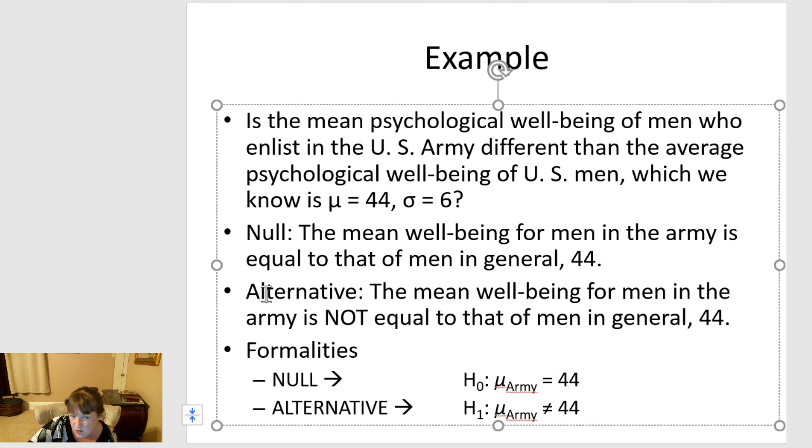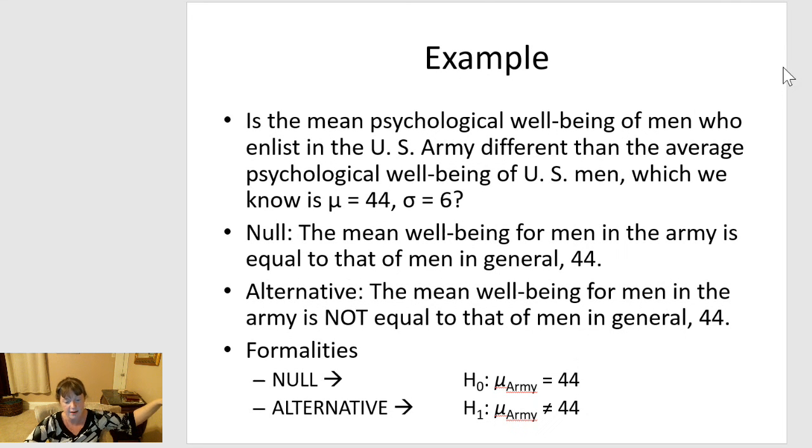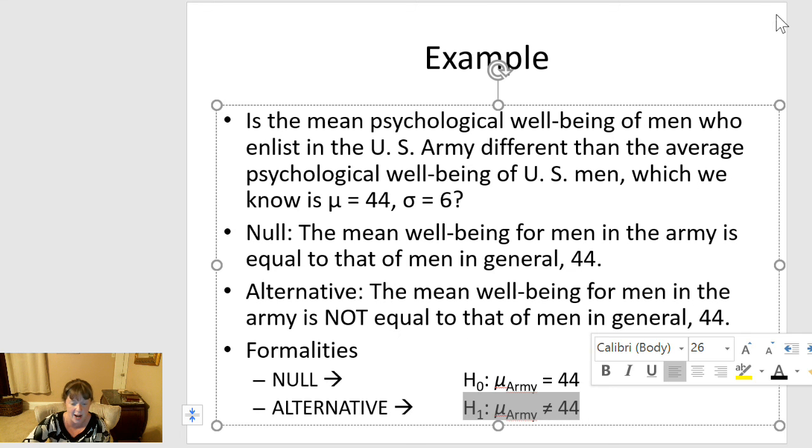Because my alternative, my research hypothesis, is that it's not equal to 44. In general, men in the U.S. have an average well-being of 44, and I suspect my alternative research hypothesis is that it's not equal to 44. And here are the formal symbols.